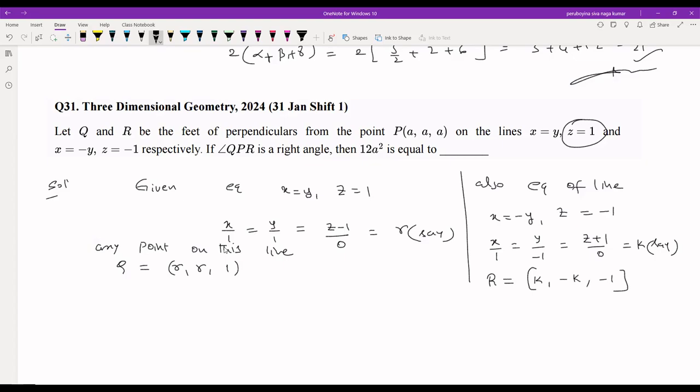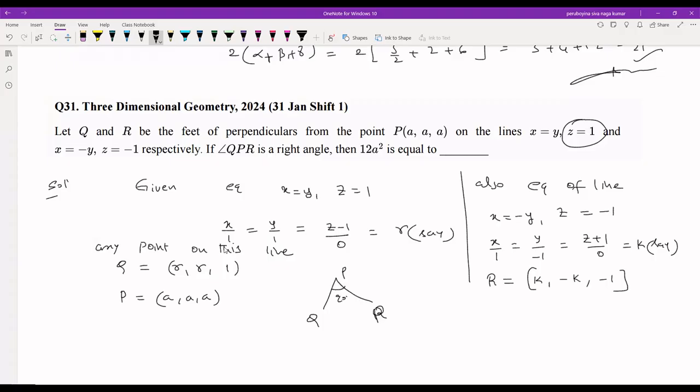And now, according to the scenario, we got the Q and R points, and the P point is also mentioned. The P point is a comma a comma a, he's saying. And angle QPR, for example, this is Q and this is R and this is P. He's talking about PQR being a right angle.